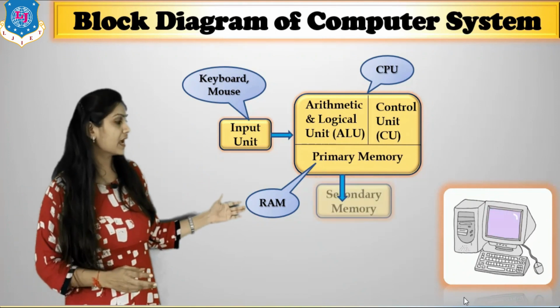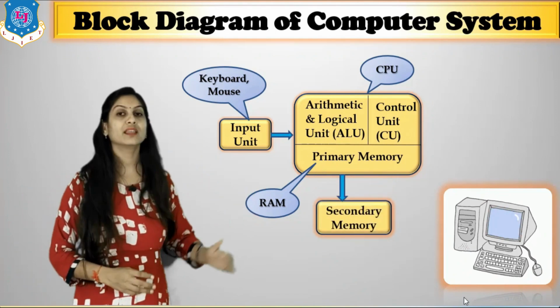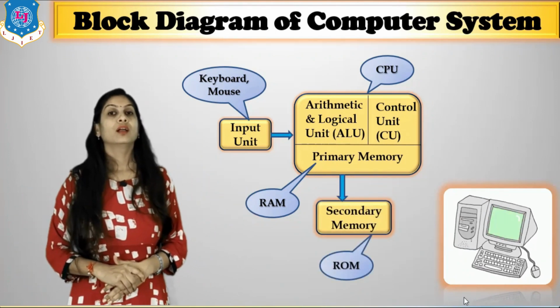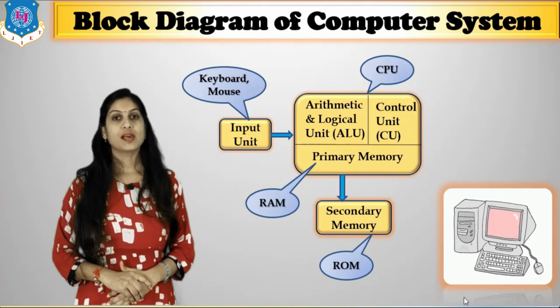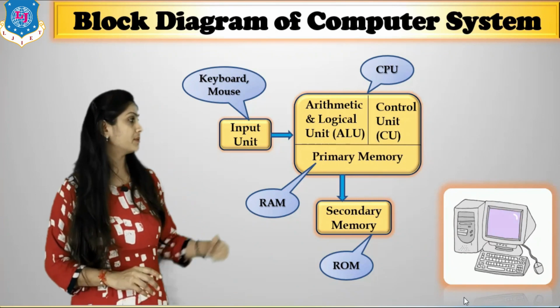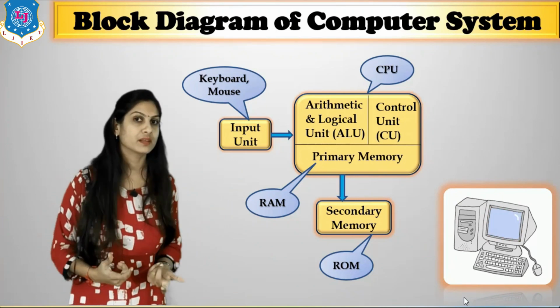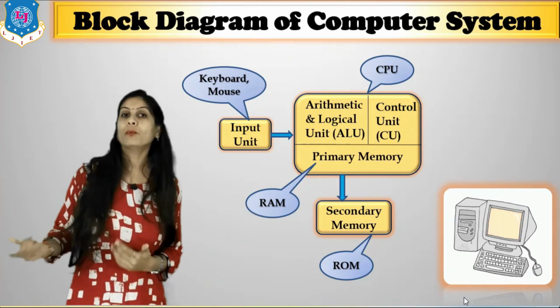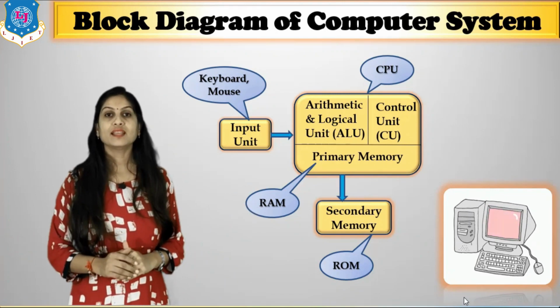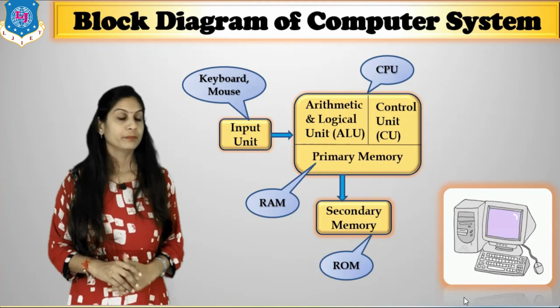Now the second kind of memory is the secondary memory unit. So what is the difference between primary and secondary memory? As we discussed, primary memory is temporary memory, meaning data is lost. But secondary memory is the opposite, it is a non-volatile kind.